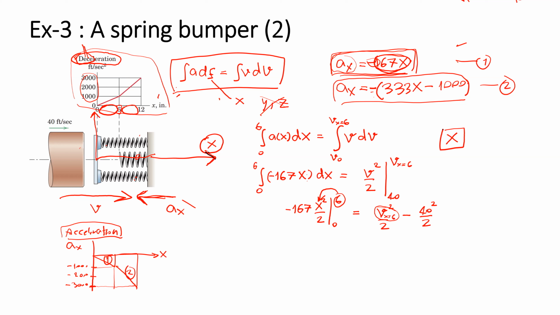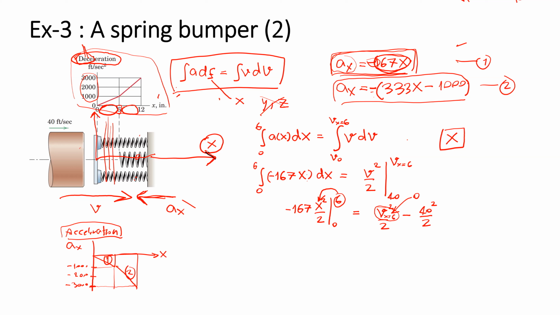Our first possible assumption is the system stops somewhere in this first region. If so, we can put v to be 0 and x to be somewhere between 0 and 6, and x can be an unknown.